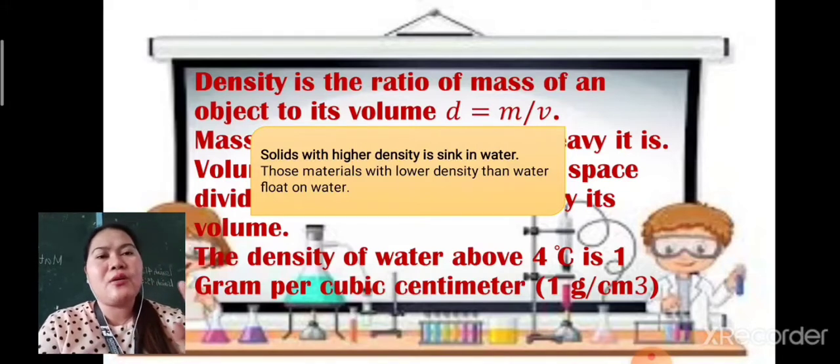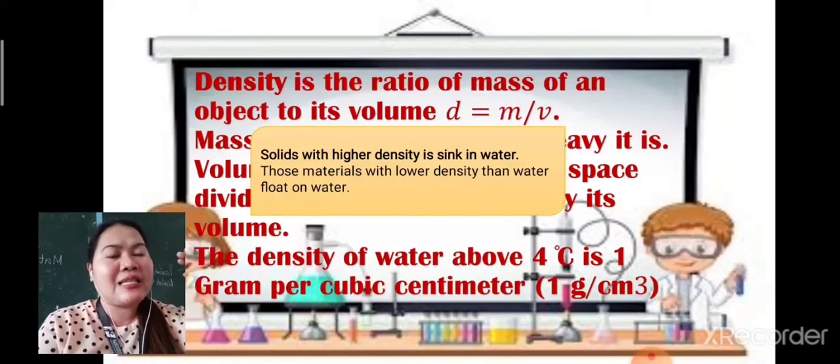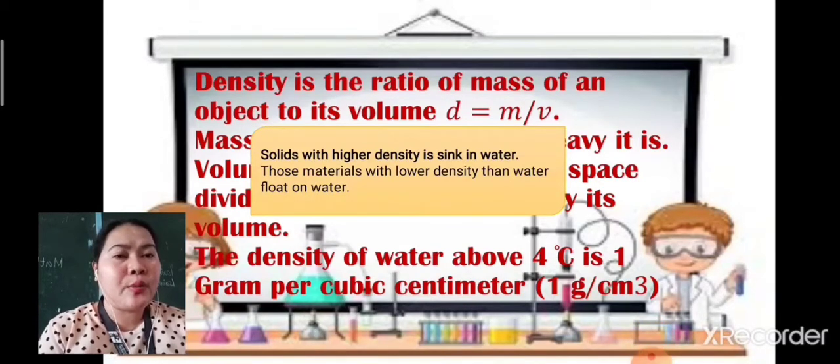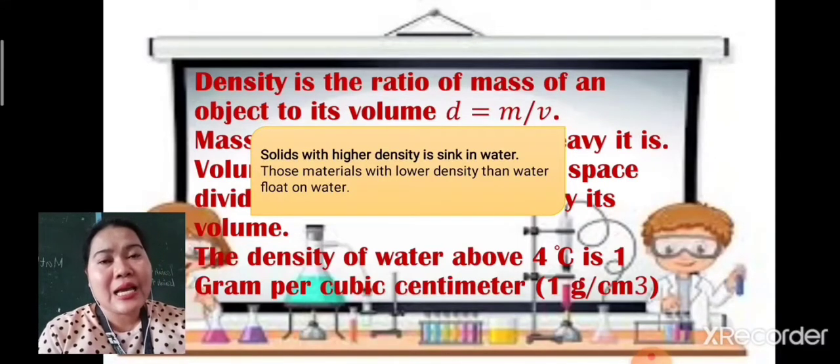Tandaan nyo class, pag mataas sa 1 gram per cubic centimeter, ina nga bagay sink. Kag kung ang isa naman ka bagay maganubo sa 1 gram per cubic centimeter, ina nga object maging float.